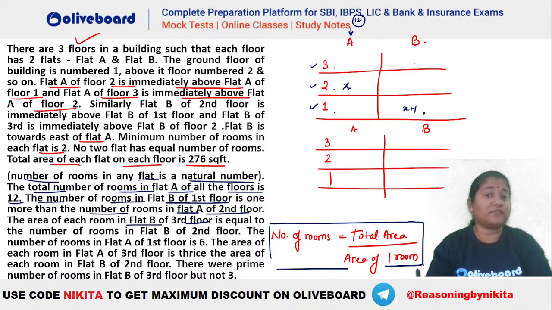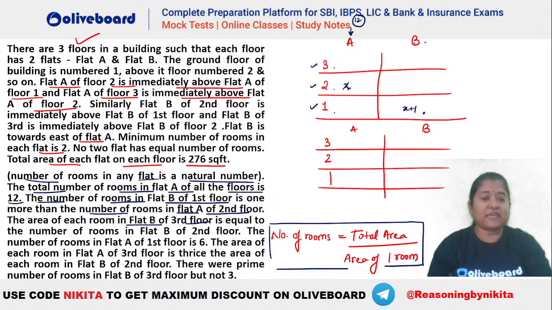Okay. Now the area of each room in flat B of third floor. So flat B of third floor, that means we are talking about this one here, is equal to the number of rooms in flat B of second floor. That means, let's say if this is Y, this also has to be Y, right? Not the number of rooms, sorry, the area of each room in here. Be careful, it's not the number of rooms which is the same, the area has to be the same as the number of rooms.